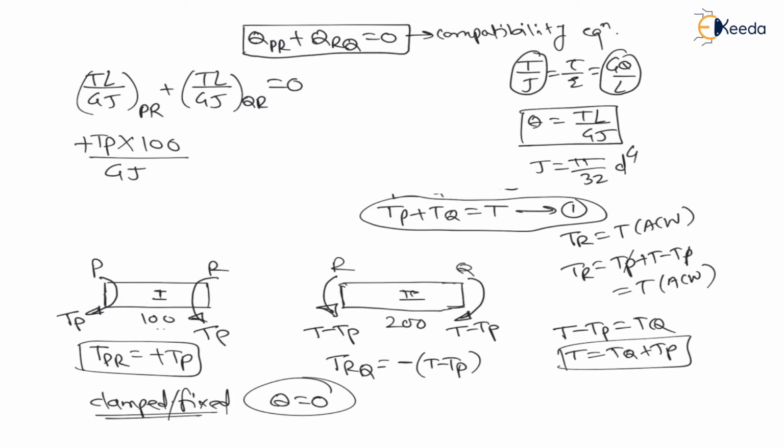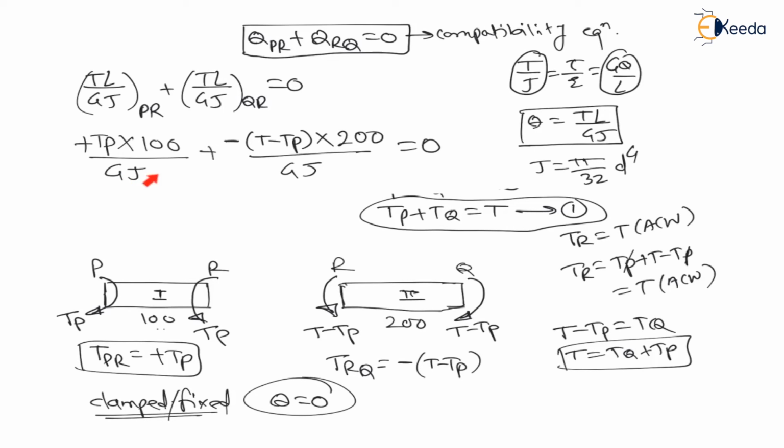Therefore, J of PR will be equal to J of QR. Torque on QR is minus T minus TP. Length of QR is 200 divided by GJ, and the sum must be equal to 0.